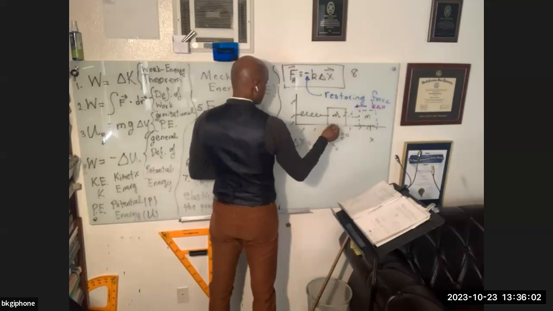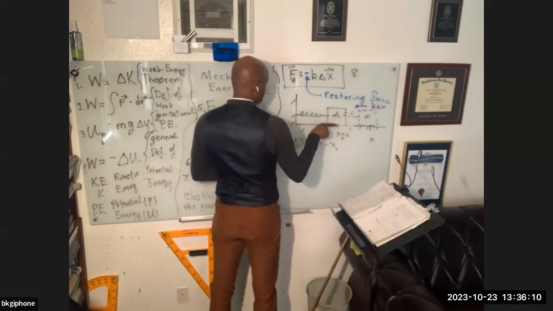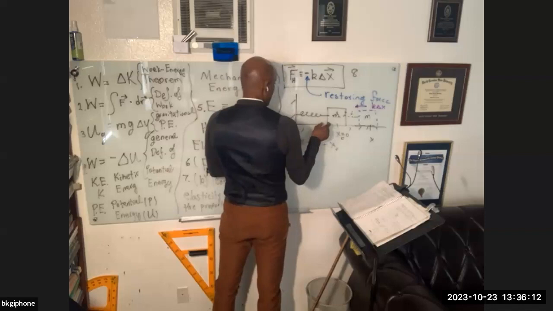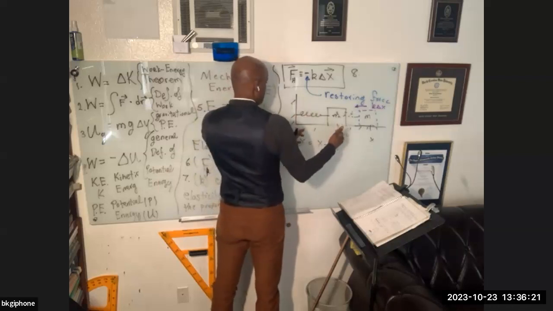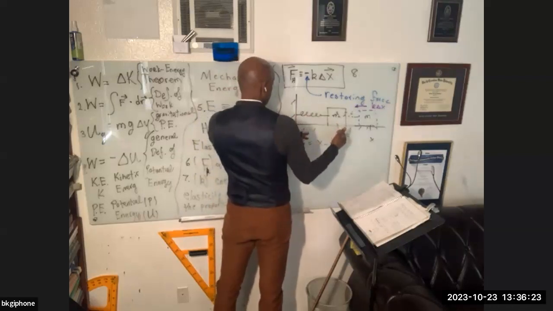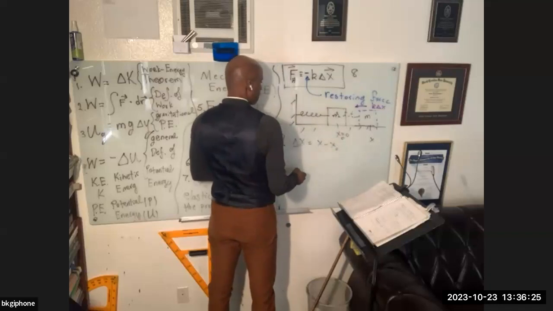Then because it has momentum, it moves through the equilibrium position, and the restoring force flips direction. Now it points back in the positive direction and gets larger as the mass moves away from the equilibrium position. It is a maximum when it's the same absolute distance on the other side of the equilibrium position.